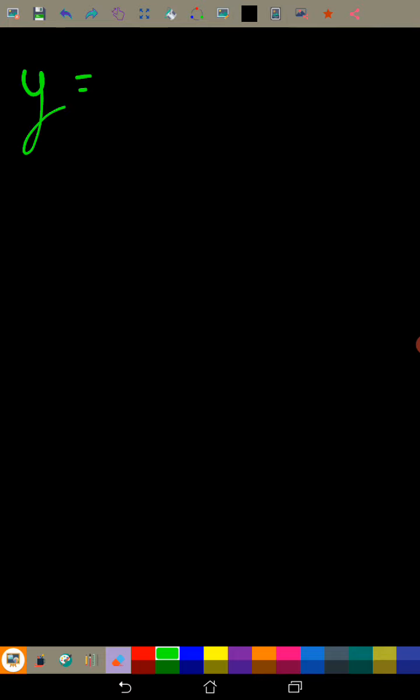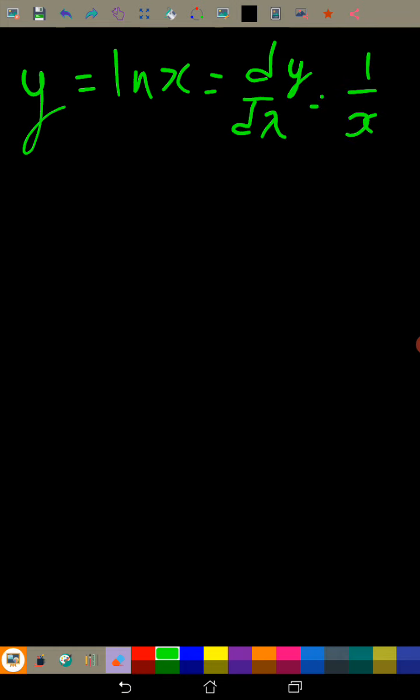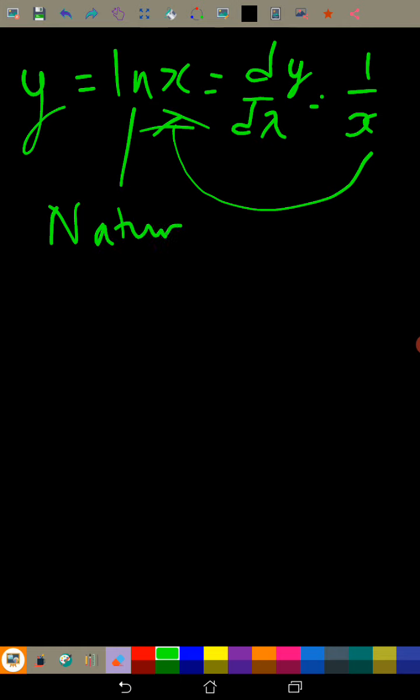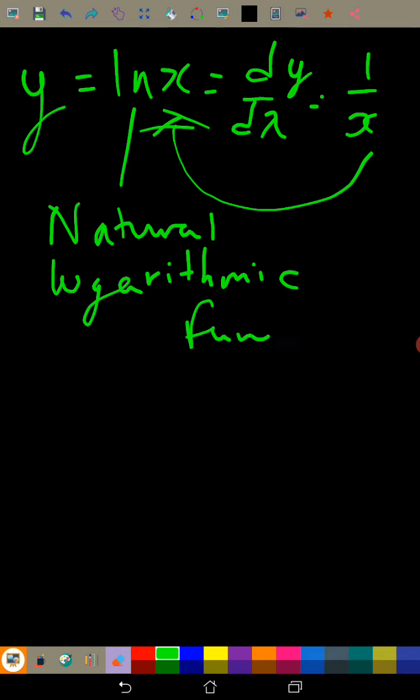But if you differentiate ln x, you will get dy by dx is equal to 1/x. So it's the inverse I was saying. That's how it is. And this is the natural logarithmic function.